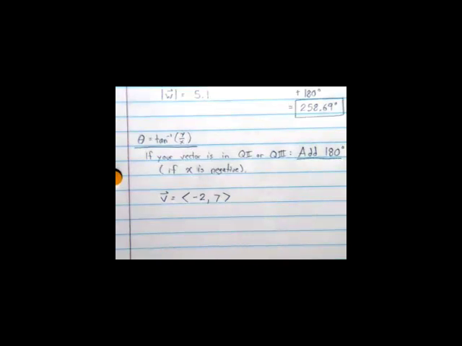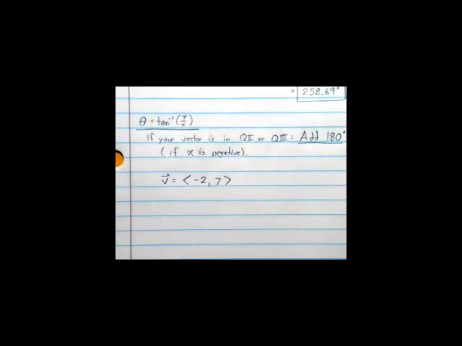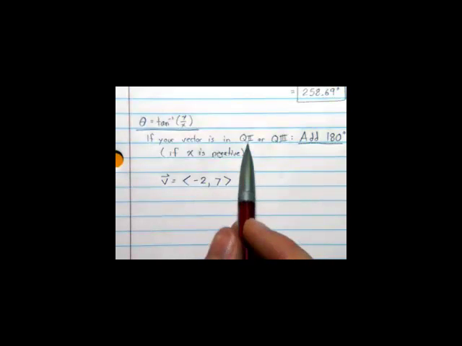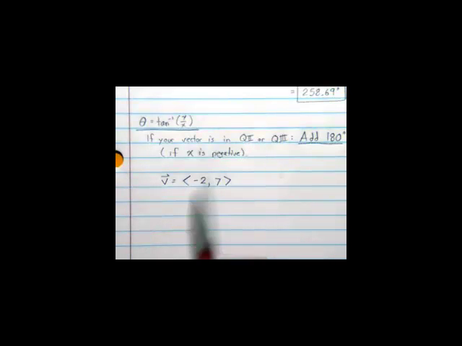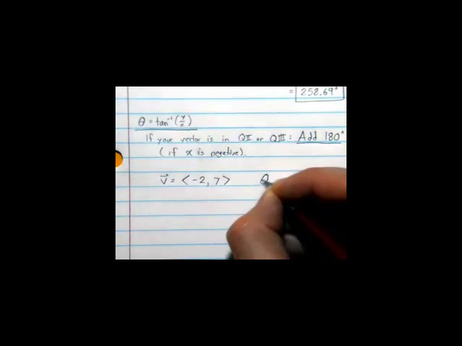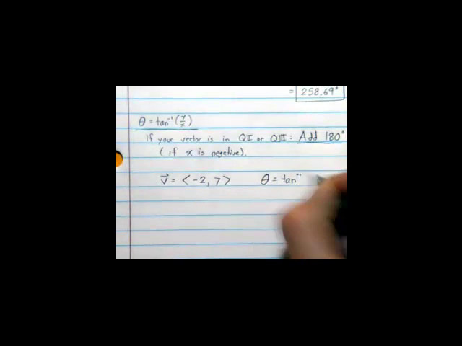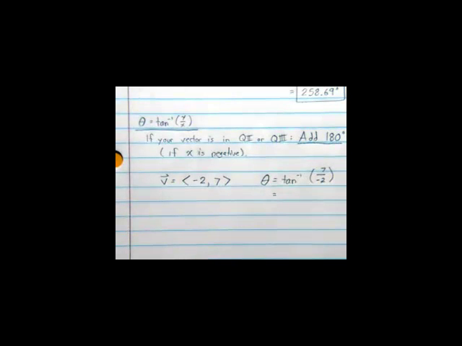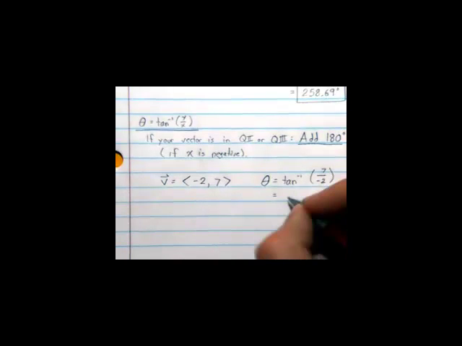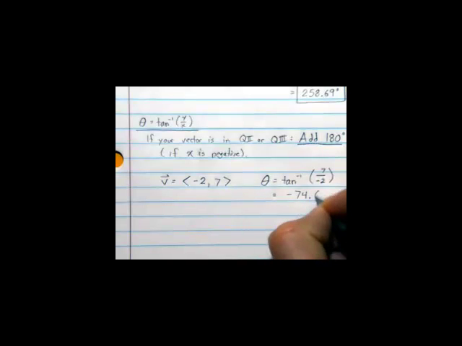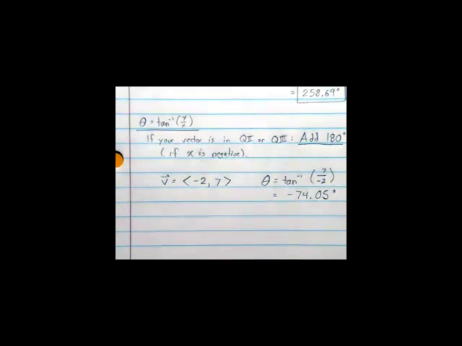Okay, so let's just do it real quick. If this is my vector, negative 2, 7, quadrant 2, one of the problem quadrants. If I'm going to find the direction of this, I'm going to do the inverse tangent of 7 over negative 2, which my calculator tells me is negative 74.05 degrees, which I know is wrong because negative 74.05 degrees is in the fourth quadrant, just rotated down negative.